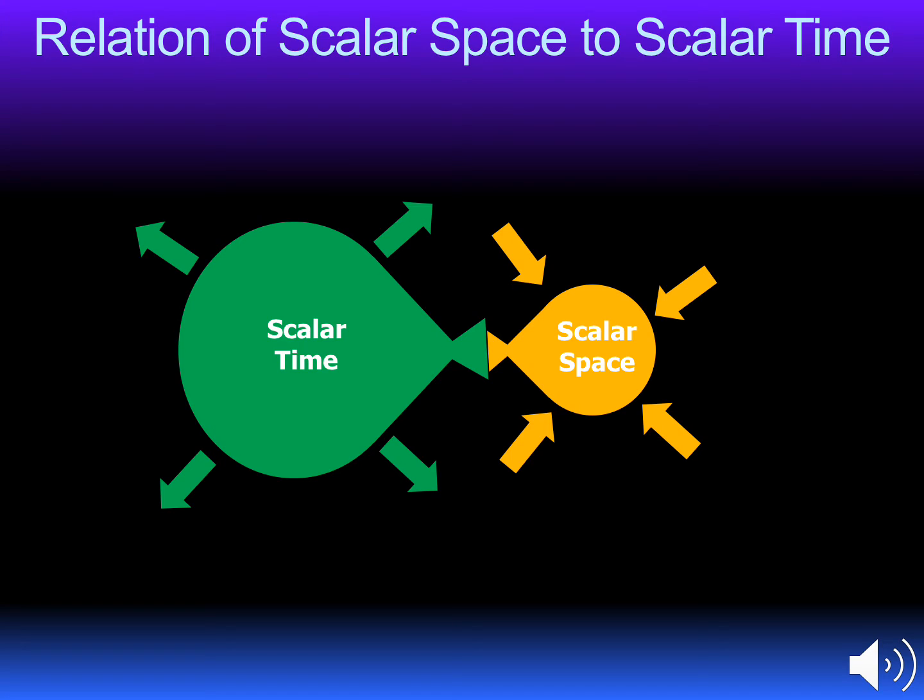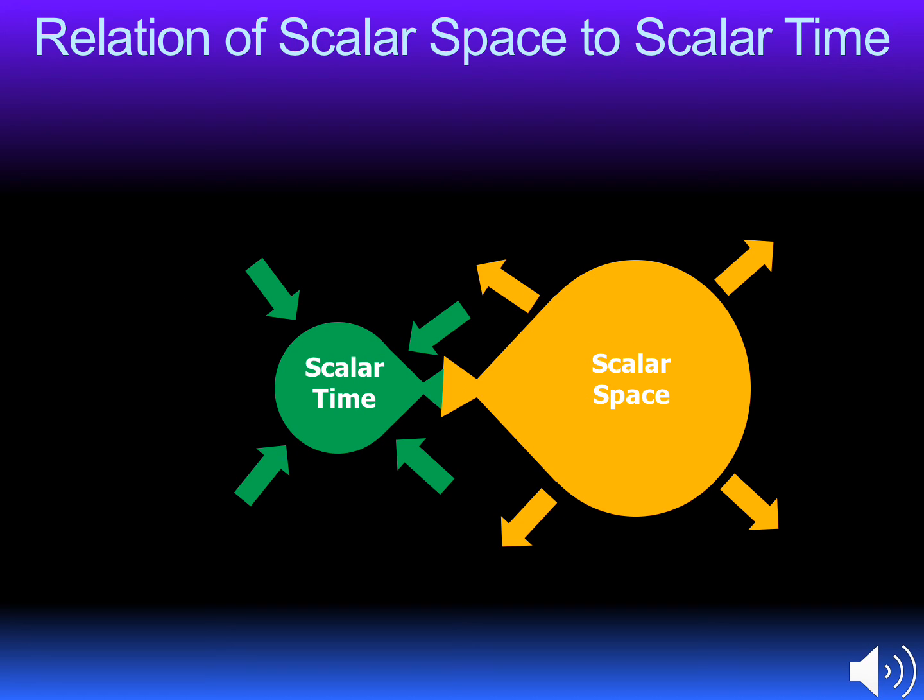So now what happens if, due to some force, the scalar space balloon is forced to contract? What it will do is it'll force some of the air that's inside this balloon into the scalar time balloon, and the scalar time balloon will start to expand. And in the reverse, if scalar time contracts below its normal state, then scalar space is forced to expand.